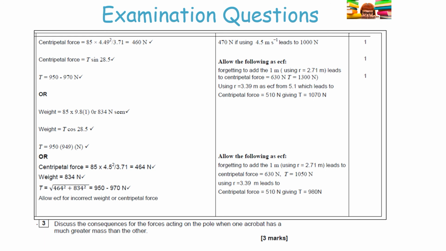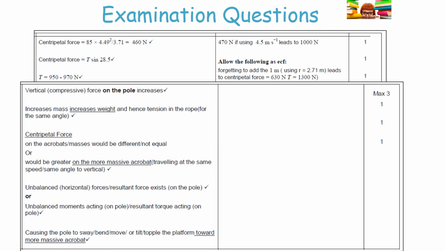Next question. Discuss the consequences for the forces acting on the pole when one acrobat has a greater mass than the other. Well, let's think about it again. They're moving around in a circular fashion, so therefore, it's going to be the centripetal force. If the mass increases, your centripetal force will increase, but also your weight will increase, because weight equals mg and centripetal force equals mv squared over r.